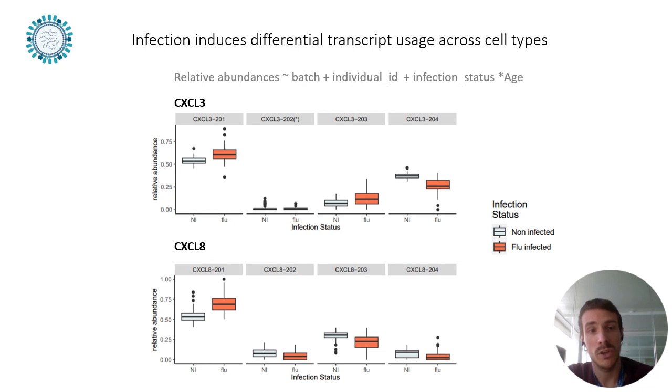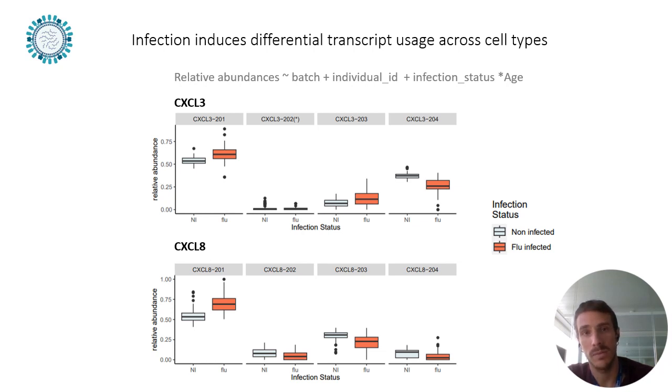In this plot, we're showing the relative abundance of each of the transcripts that we can find expressed in our dataset between infection status, either non-infected or flu-infected, and you can see how the relative fractions change across the different transcripts. These are two examples of two genes belonging to the CXC chemokine family. In the first case, CXCL is an antimicrobial gene, and the second case, CXCL8, is a major mediator of the inflammatory response.